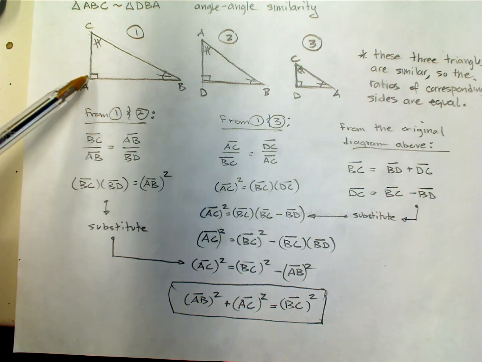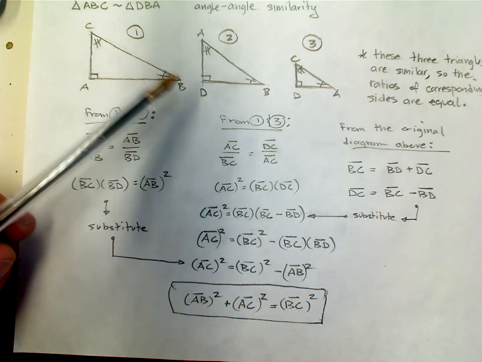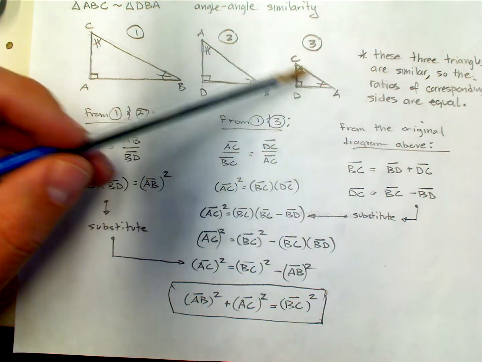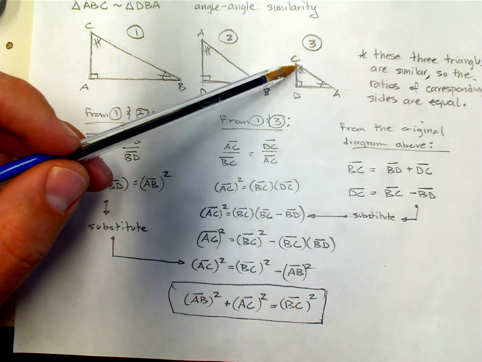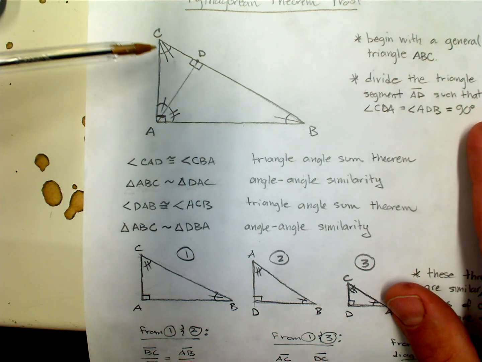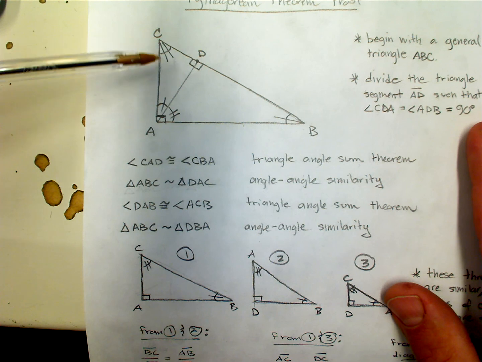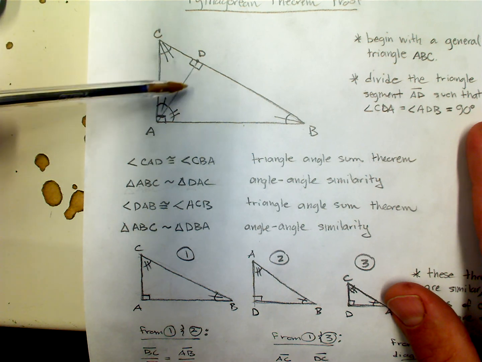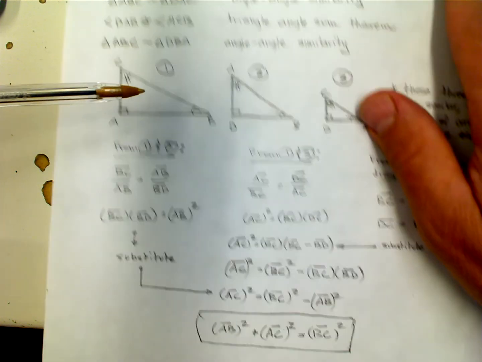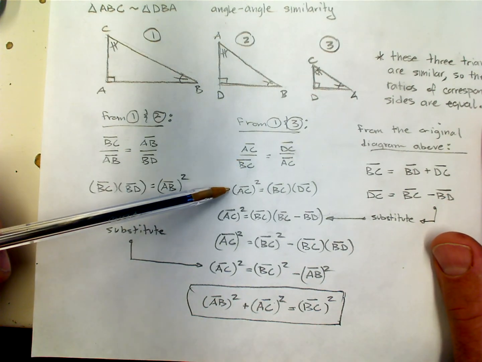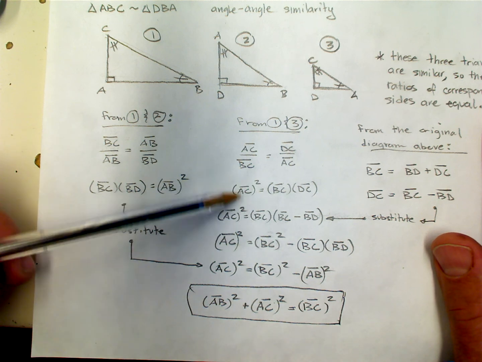Notice I said AC, the short side, divided by BC, the hypotenuse. And the reason I chose those two sides is because the hypotenuse of our little triangle is AC, and you can see why in the original diagram. This is the short side of the big triangle, but it's also the hypotenuse of this little triangle. So when I construct this proportion and do a little algebra, I end up with an AC squared.